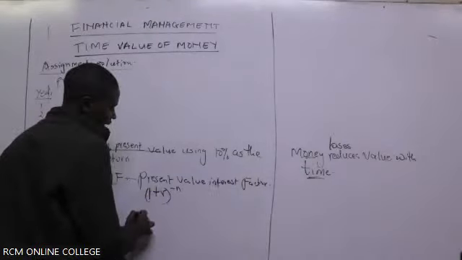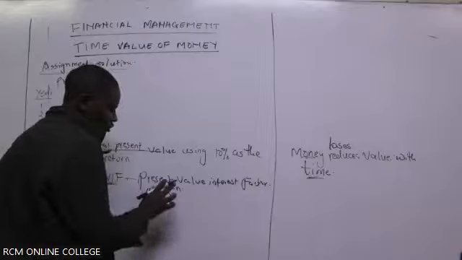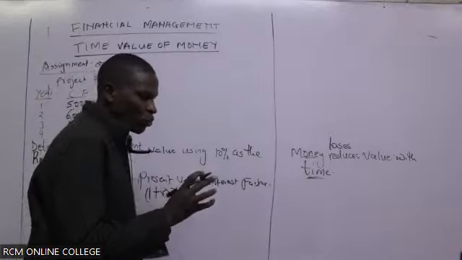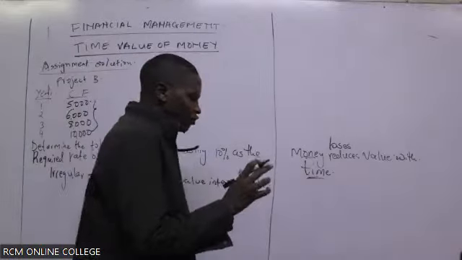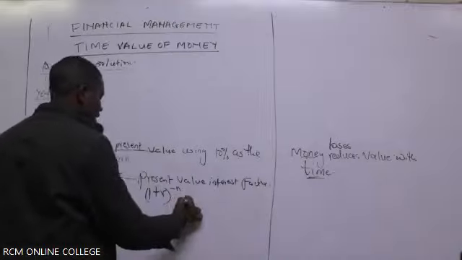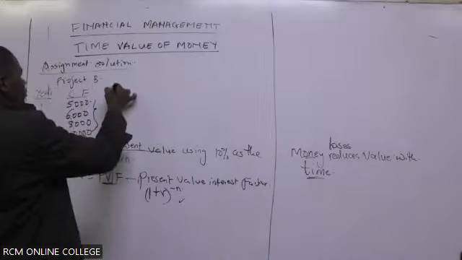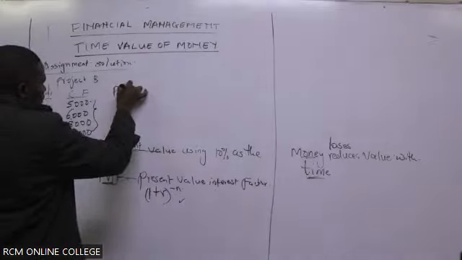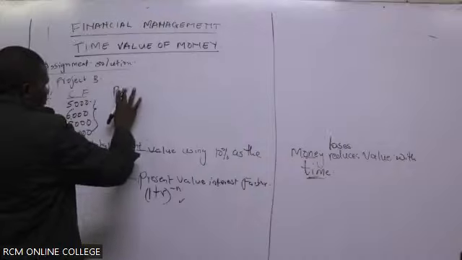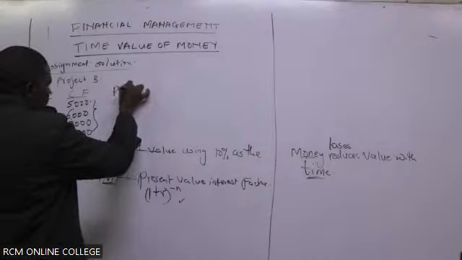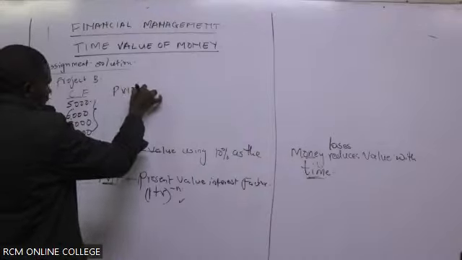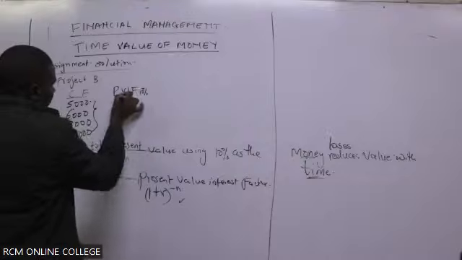Class, I told you that this is golden, and it is good to note that this is the formula for getting the PV. So in this case, if I want to discount this, I'm using 10%.